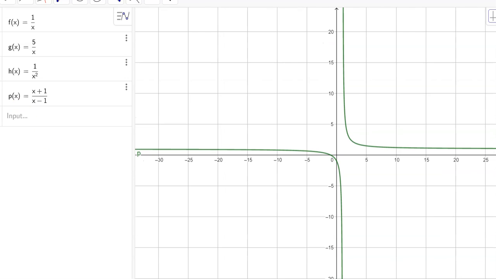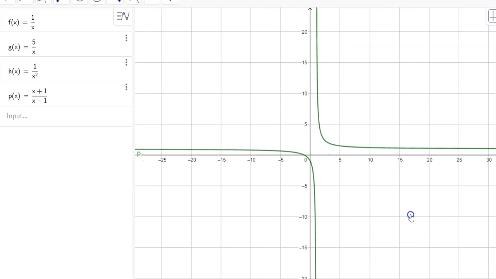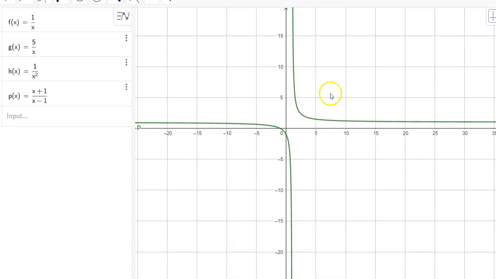So let us zoom out. If we zoom out, we see that the function goes down here, it approaches some horizontal line. And actually it approaches the horizontal line y equal to 1. So we see that it approaches this horizontal line.